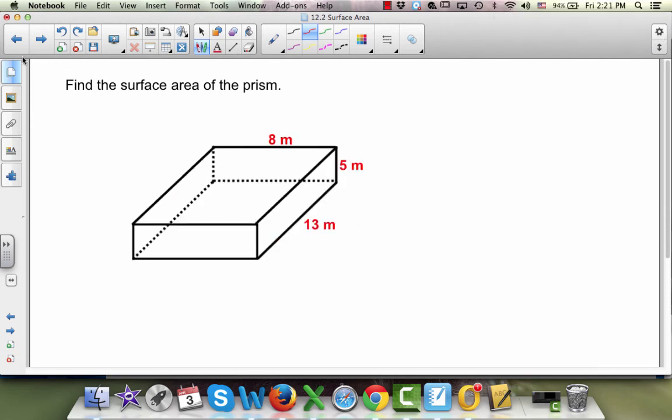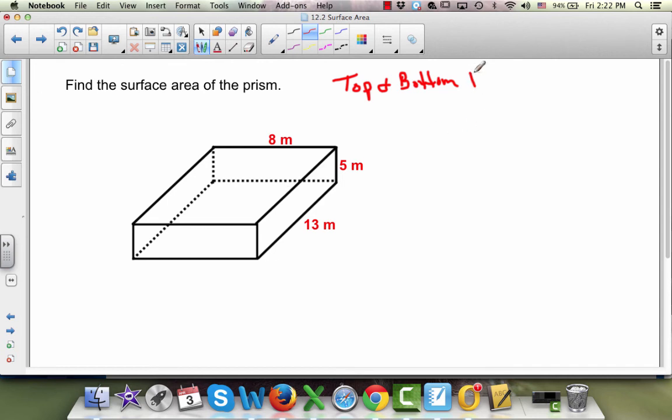Okay, find the surface area of this prism, okay? Pause the video, work it out, come back to me. Okay, we've got a top and a bottom. Let's look at this. The bottom is going to be 13 by 8.